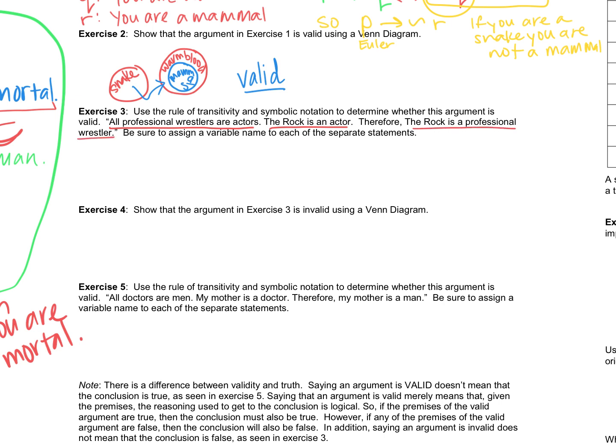For the very first statement, we know that if you are a professional wrestler, this implies, mixing up my notation with English here, that you are an actor. Let's call you are a professional wrestler P, and you are an actor Q.